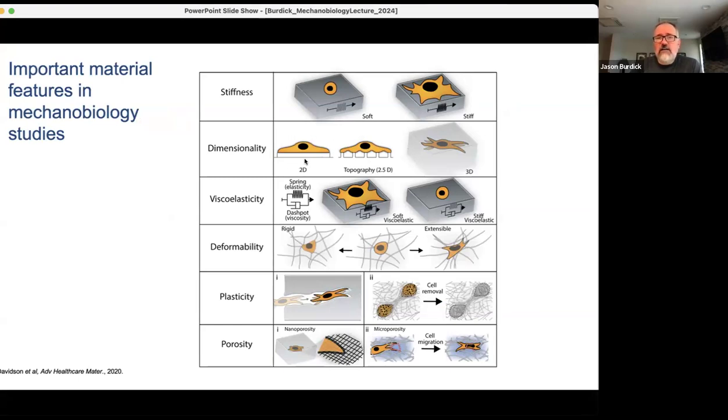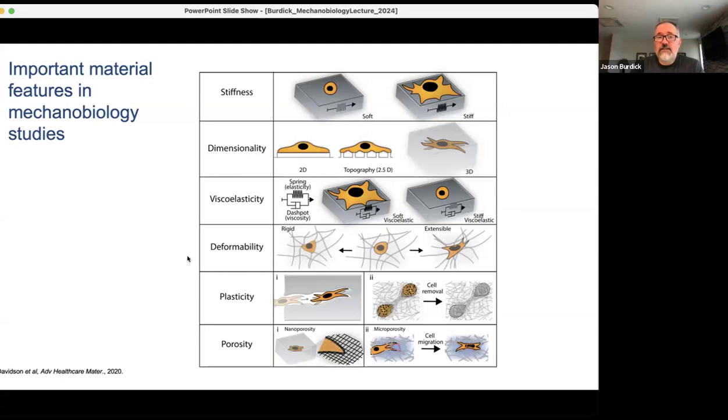I mentioned dimensionality. So again, a 2D surface versus embedded in 3D. And then sometimes we call it 2.5D. So something that has a highly topographical kind of interface with those cells. So it's not a planar surface, but it's got some features to it. There's been a lot of interest in things like viscoelasticity. So other types of mechanics that are found in materials.